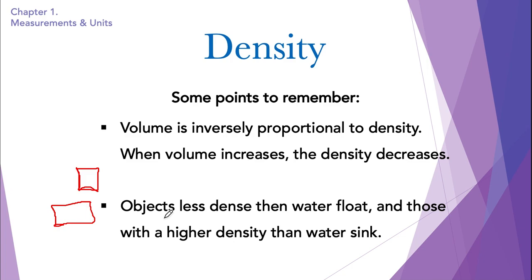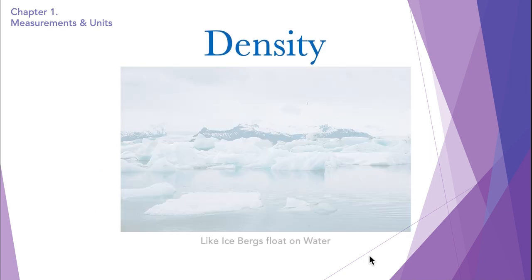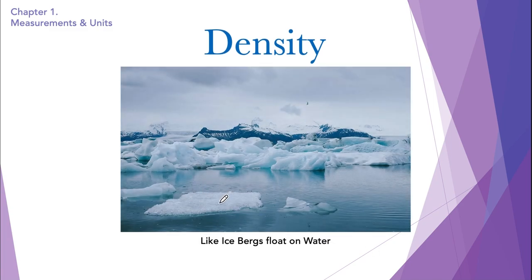The second point to remember is that objects less dense than water float, and those with a higher density than water sink. Say for example, icebergs float on water. This is because ice is less dense than water. The structure of ice is more open than the structure of water.